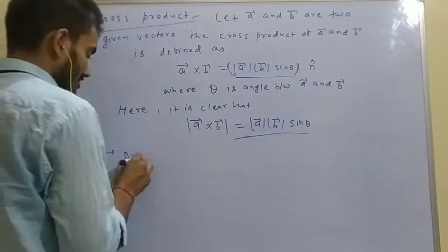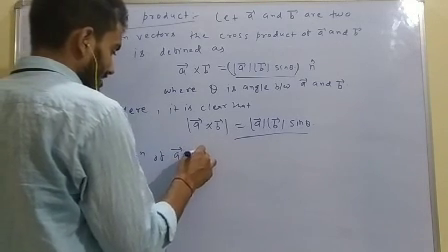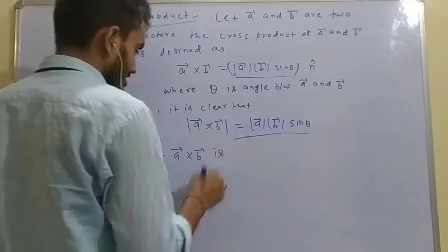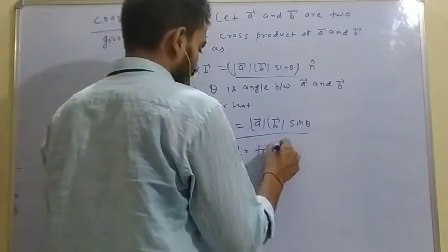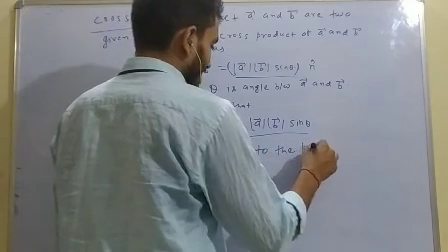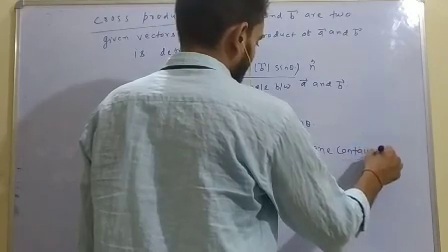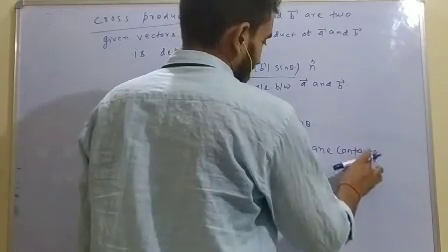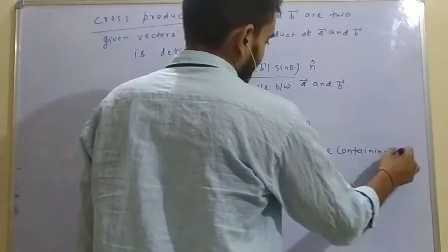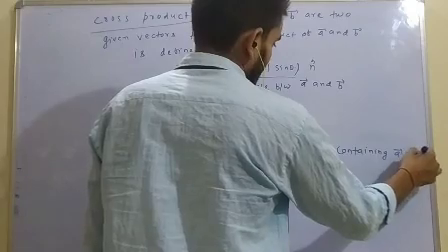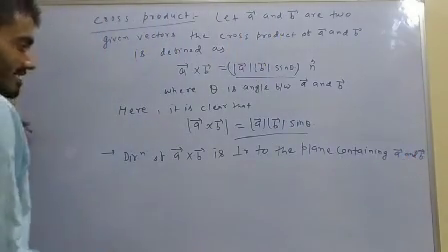Direction of vector A cross vector B is perpendicular to the plane containing vector A and vector B.